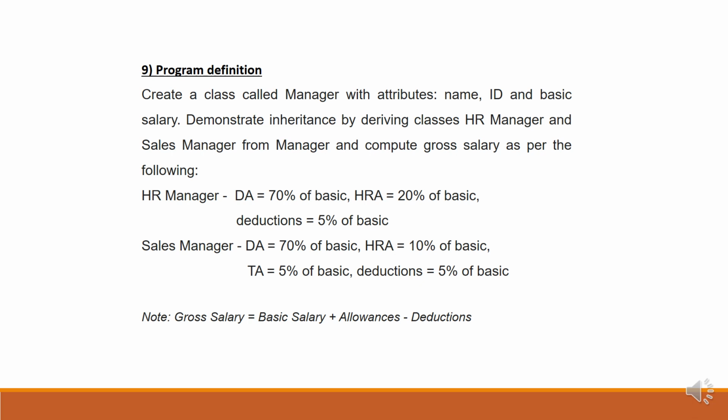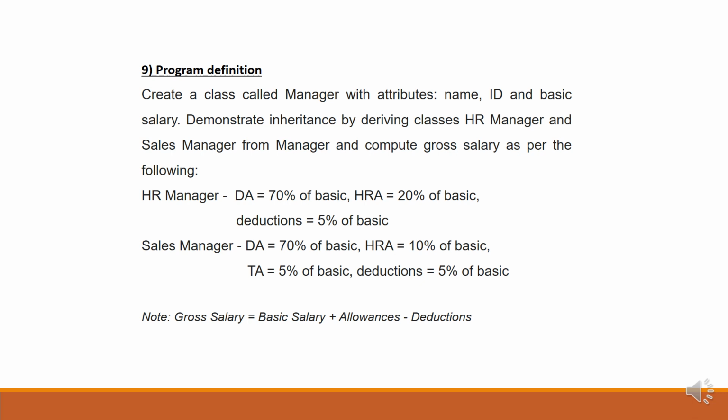HR manager: DA equal to 70% of basic, HRA equal to 20% of basic, deductions equal to 5% of basic. Sales manager: DA equal to 70% of basic, HRA equal to 10% of basic, TA equal to 5% of basic, and deductions equal to 5% of basic.